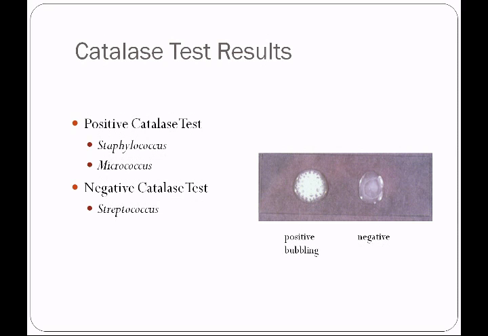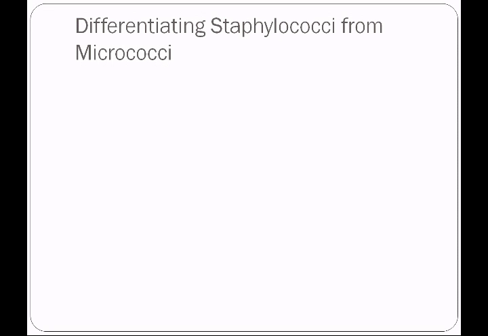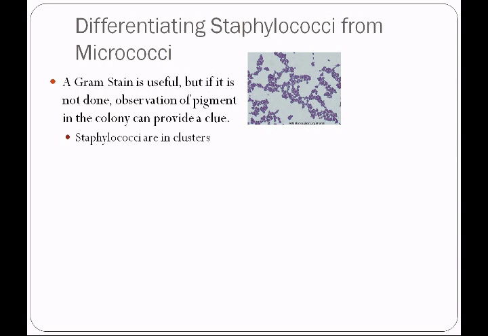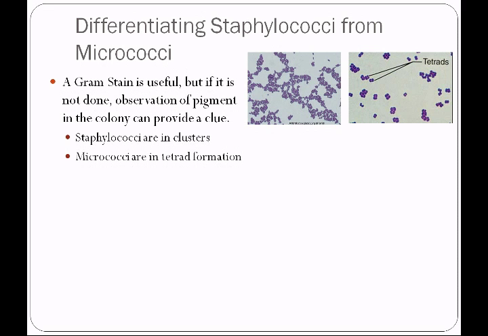Once you have established that you have a Staphylococcus or Micrococcus, it's important now to differentiate between the two. A gram stain will be useful, but if it's not done, observation of pigment in the colony can provide a clue. Staphylococci in the gram stain are seen as clusters, whereas Micrococci are seen as tetrads.